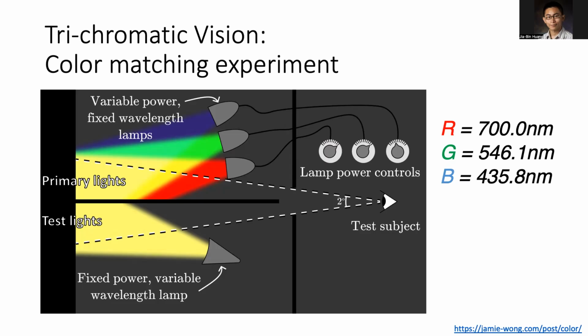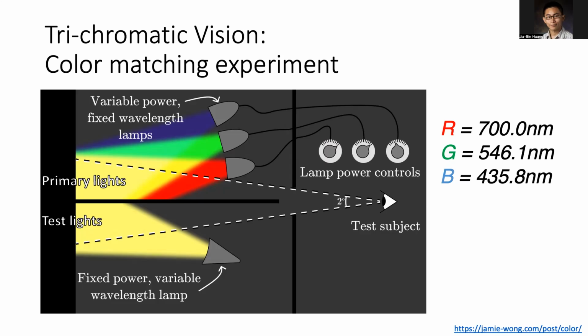Different light waves have different wavelengths, from red to green to blue. I want to be able to use three fixed wavelengths, particular RGB lights, to generate light that looks like a single-wavelength light. So that is what a color matching experiment does.